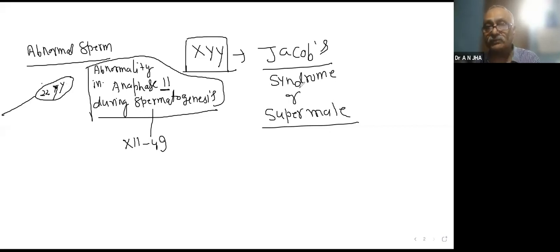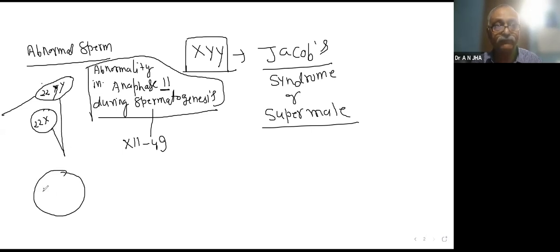So we have a question: which of the following could be the reason of Jacob syndrome, due to problem in anaphase 1 during spermatogenesis, anaphase 2 of spermatogenesis, anaphase 1 of oogenesis. I am writing the question. And when it fuses with the normal egg, that is 22 plus X, what will happen?